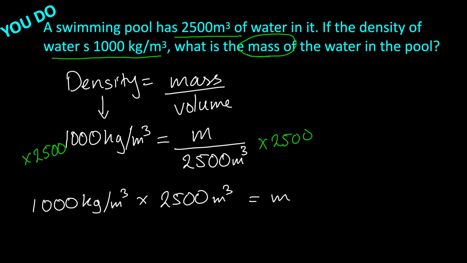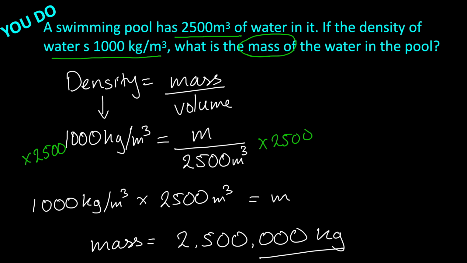This gives us an answer of 2.5 million kilograms, or 2,500,000 kilograms. Hopefully you've got that. Now it's time to move on to the next part of this lesson. And this is measuring the density of liquids and solids.